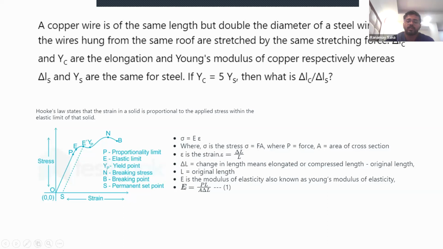Young's modulus comes out of Hooke's law only, where sigma, the stress, is the ratio of load per unit area, and strain is defined as the change in length to length. So finally you find your elastic modulus is PL by A delta L, and name it as equation 1.